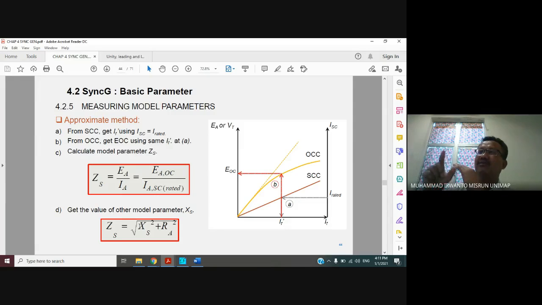If you want to find the value of ZS, it is the square root of XS squared plus RA squared. Or if you want to find the value of XS, XS is equal to the square root of ZS squared minus RA squared. You can also find it this way.